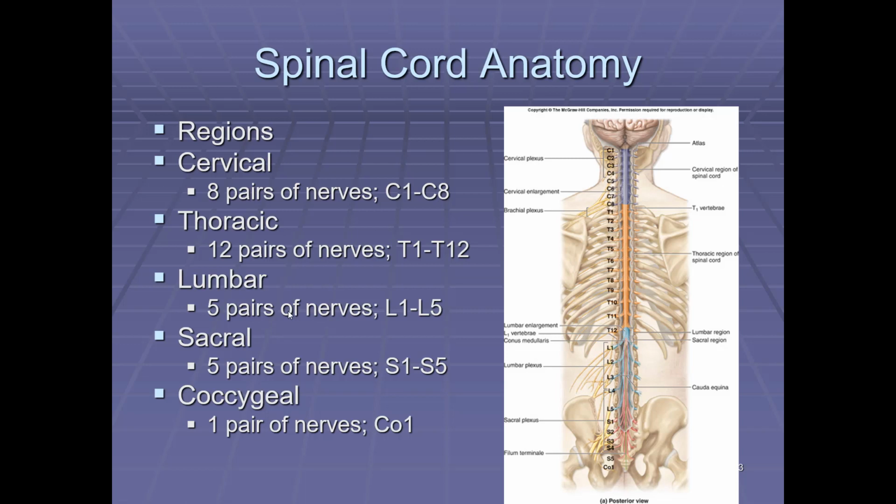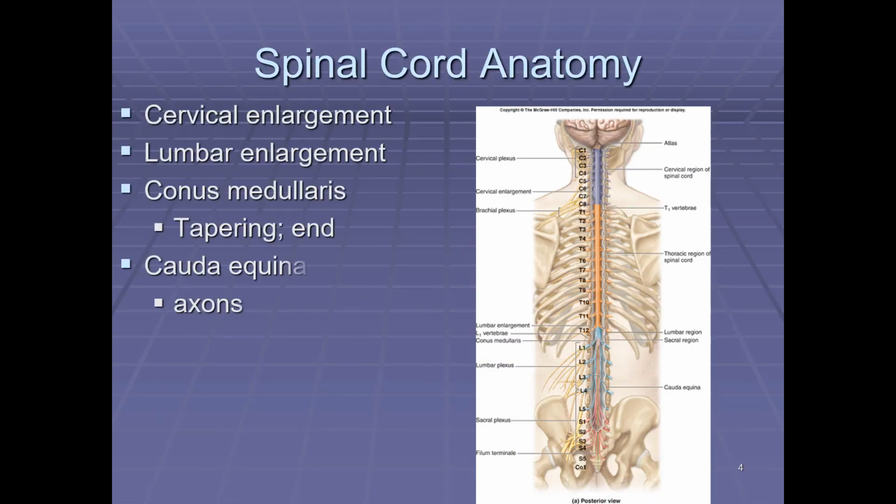Thoracic, 12 pairs. Lumbar, 5 pairs. Sacral, 5 pairs. Coccygeal, 1 pair. For the most part, these numbers match up to what we had for vertebrae, but the big exception is the 8 pairs of cervical spinal nerves as opposed to 7 cervical vertebrae.